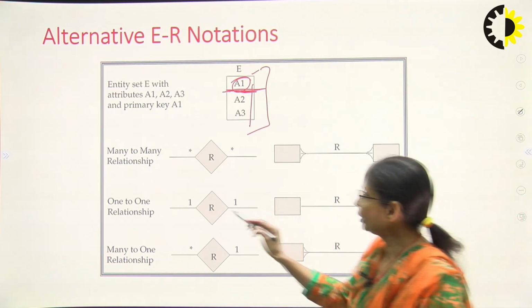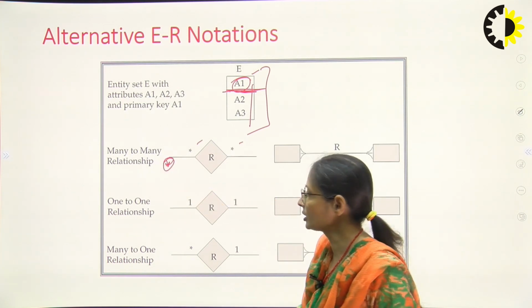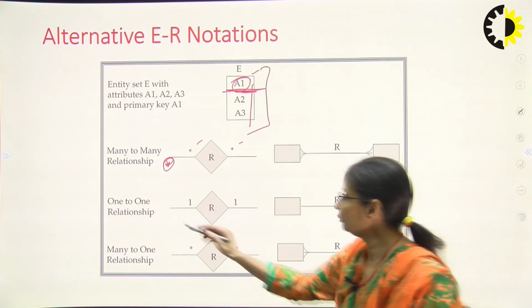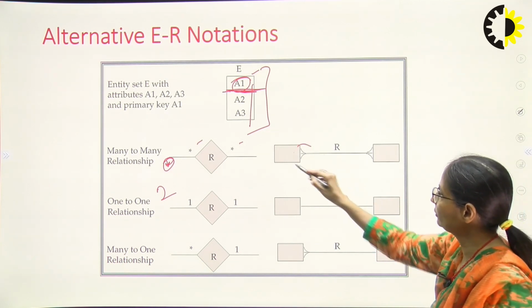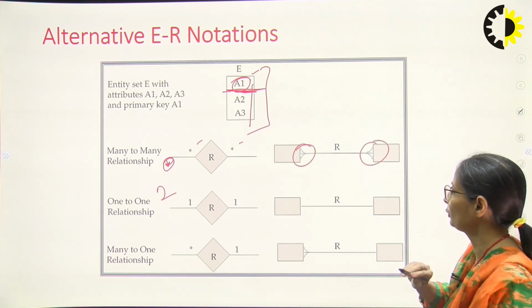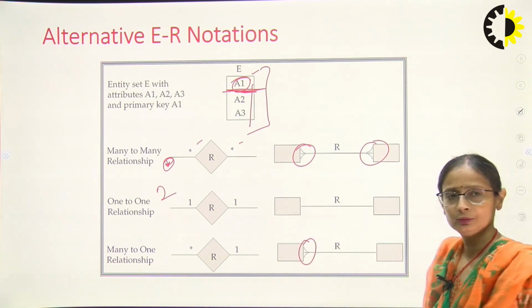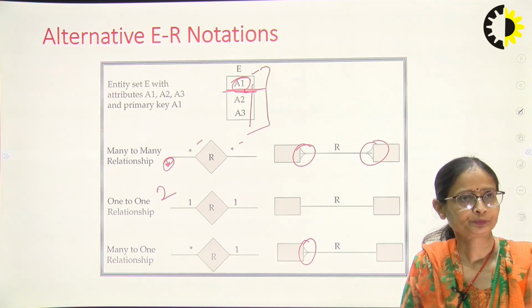Here for many-to-many relationship, we are using the asterisk symbol for many. For one, we are directly writing 1. Similarly, in some books you will find this symbol for many-to-many, for one-to-one, and this one for many-to-one relationship. So these are the alternative ER notations.